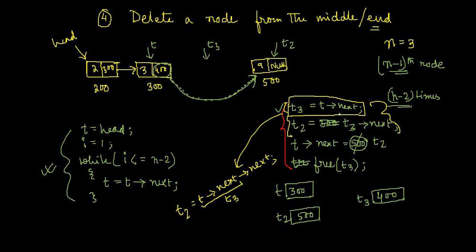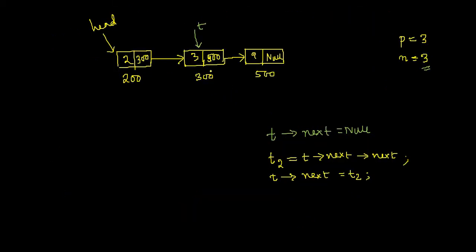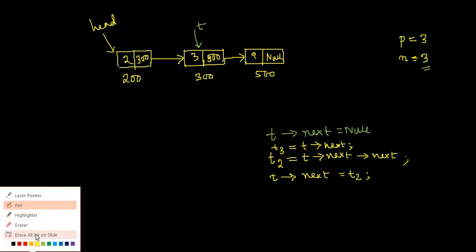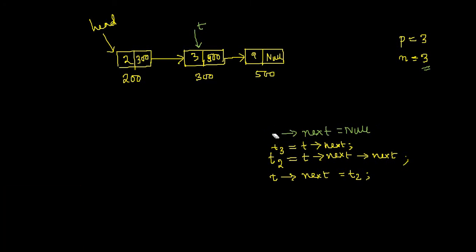This is required because if you don't use this statement, t3 will no more point to this node, and at that time you will not be able to free the node. So that means t3 equal to t next should be there. By the way, don't confuse with this statement. I had written this one earlier.